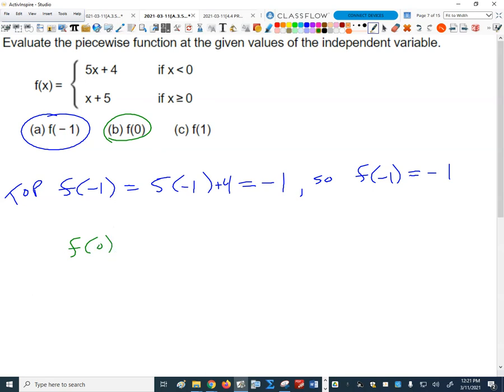F of 0. So tell me, top or bottom? Am I plugging 0 into the top or the bottom? Okay, yeah, that's going bottom, isn't it?